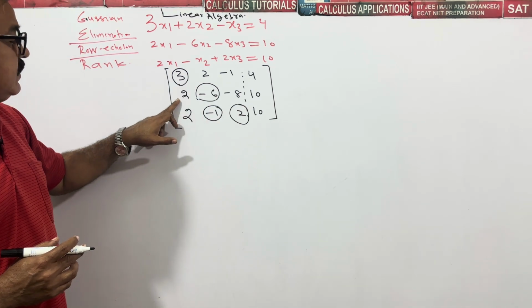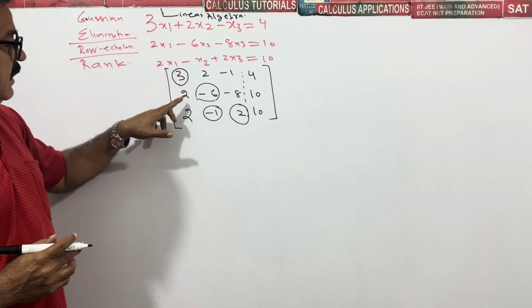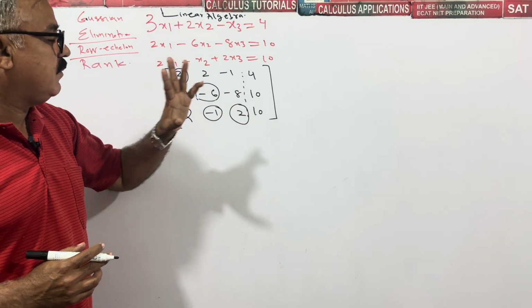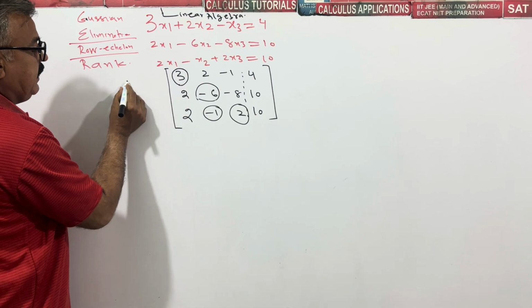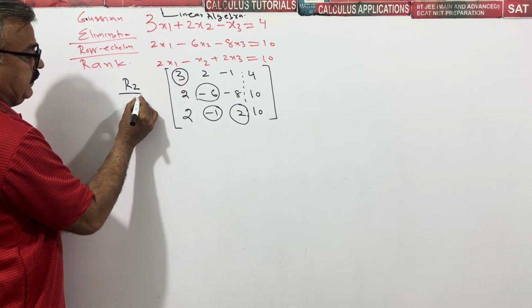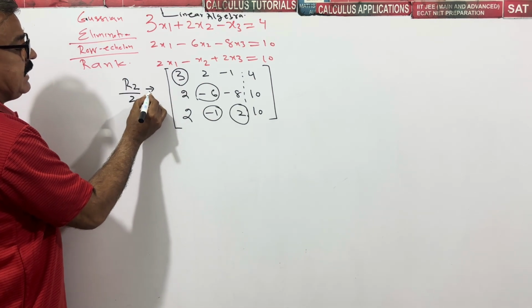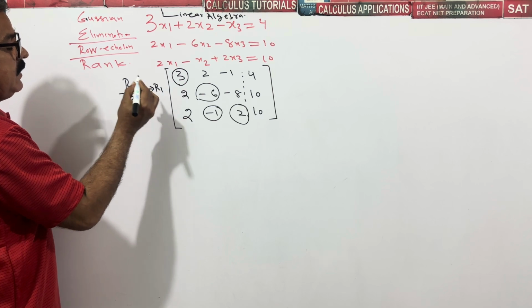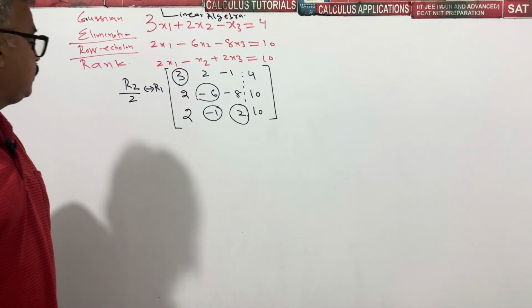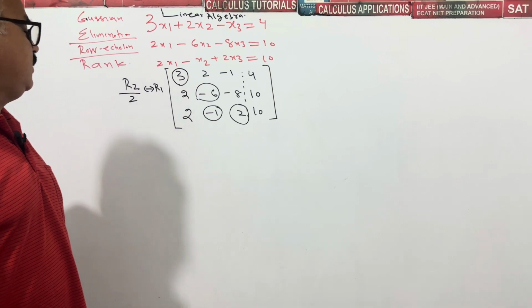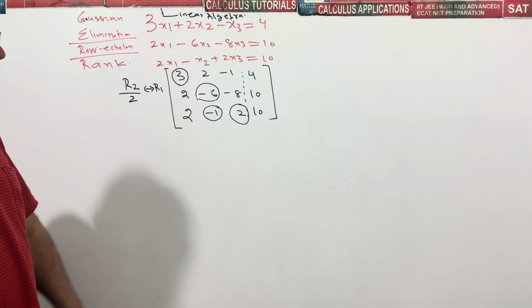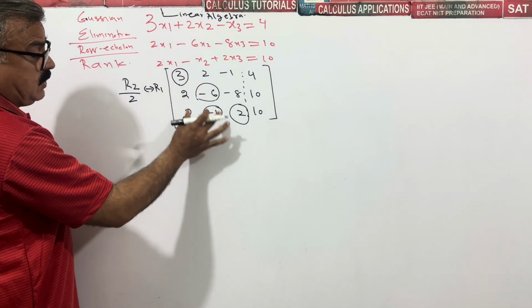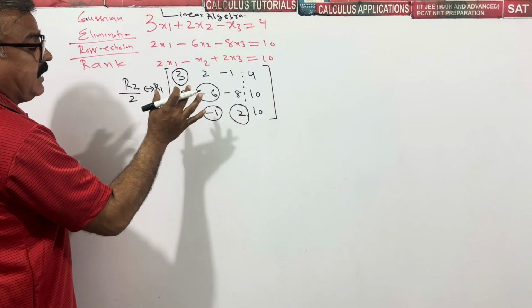If I divide R2 by 2, it will give me 1, minus 3, minus 4 and positive 5. No fraction. So divide R2 by 2, then interchange with R1. Try to avoid fractions as much as possible. If it is inevitable, then work with fractions as well. Fractions can easily be avoided in our case.